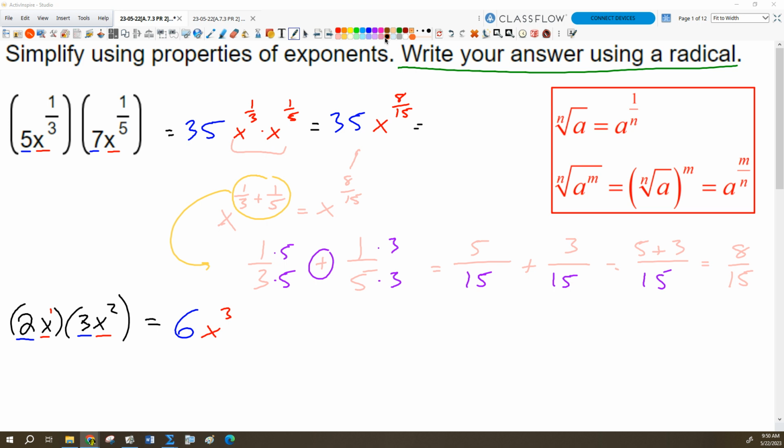Right? Like if I had rewritten this first, factor out here, 5 times x to the 1/3, what would that have looked like? 5 times x to the 1/3 would have just looked like 5 times the cube root of x, wouldn't it? The 5 is outside, right? Same thing here. The 7 is outside, okay? So the 35 stays outside the radical.